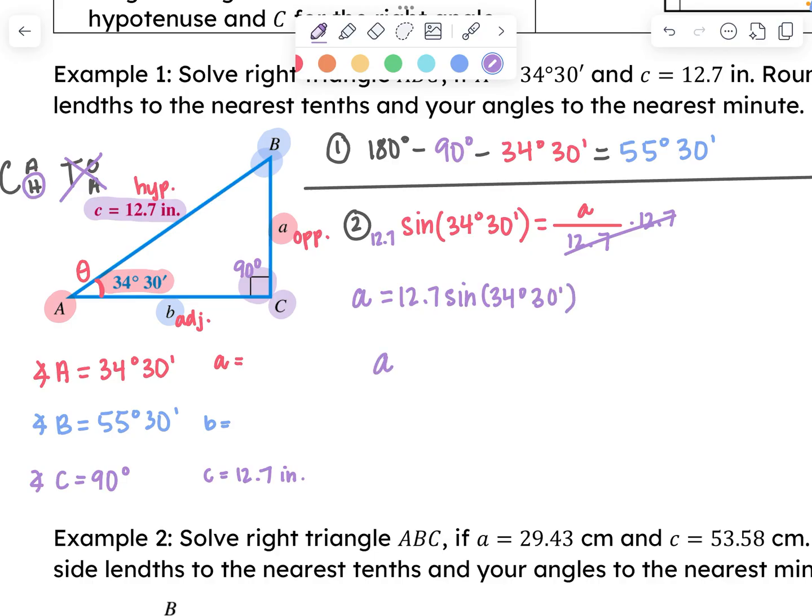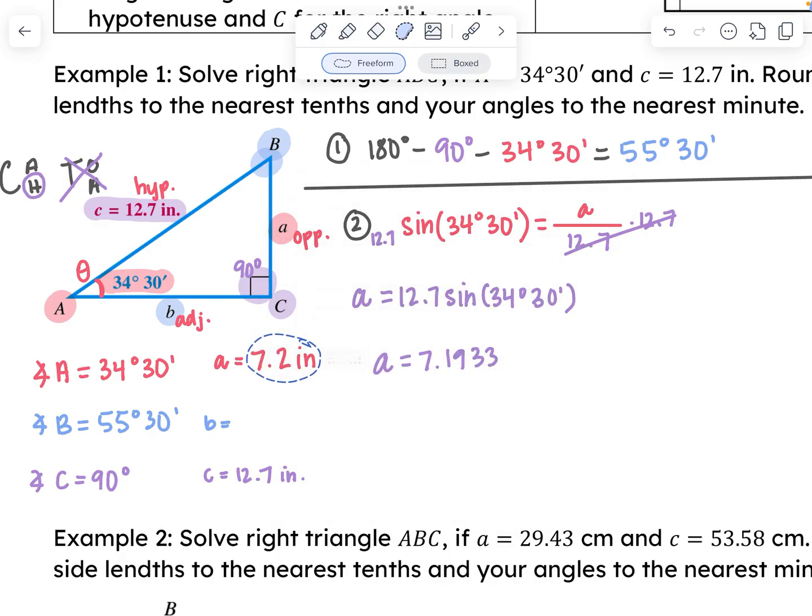And I can plug that into my calculator. When I plug that into my calculator, it spits out 7.1933-ish. It did tell me to round my lengths to the nearest tenth, so I would say that my side A is 7.2 inches. So I found side A.